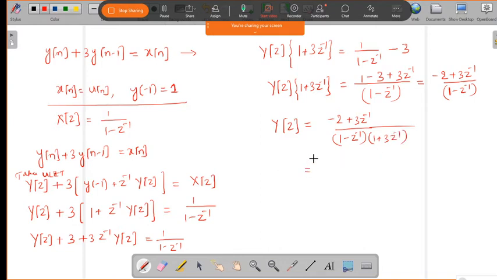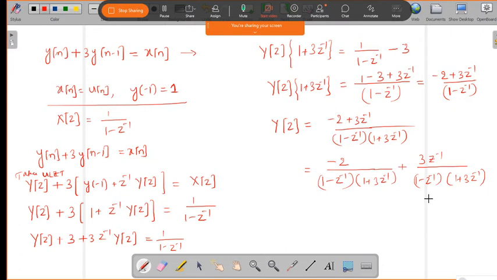So now we can split this one, and we can write this one as minus 2 by 1 minus z inverse into 1 plus 3 z inverse plus 3 z inverse divided by 1 minus z inverse into 1 plus 3 z inverse.